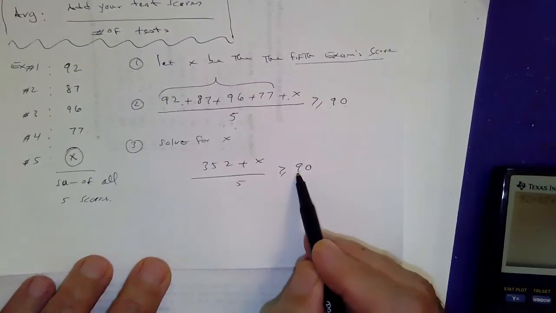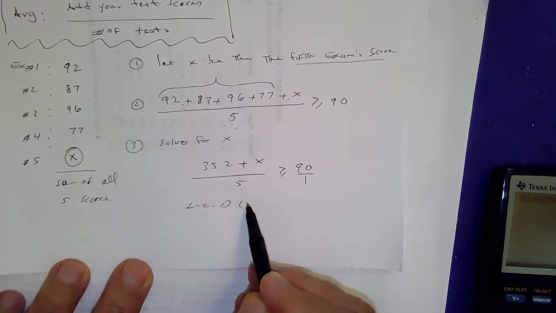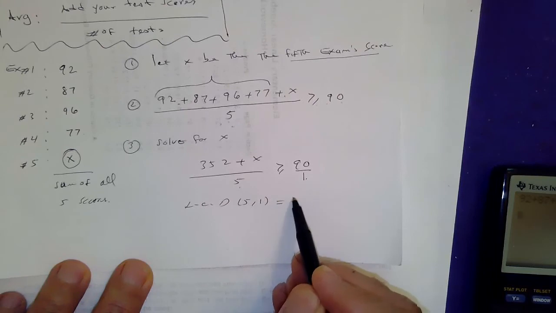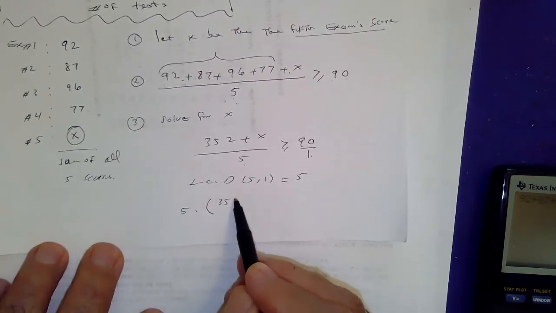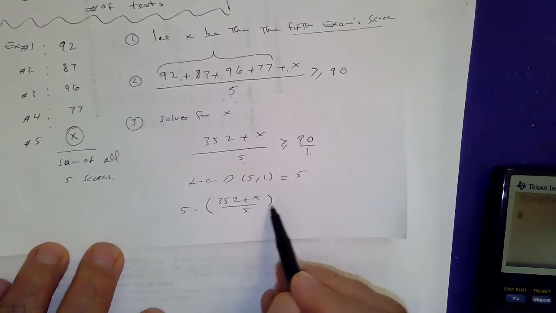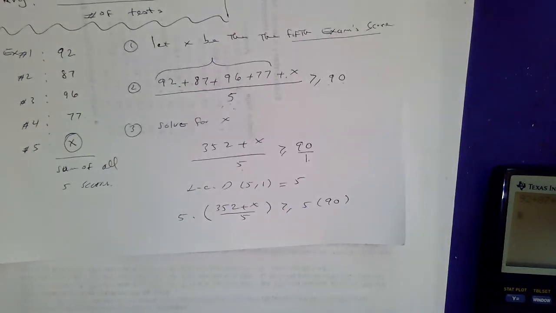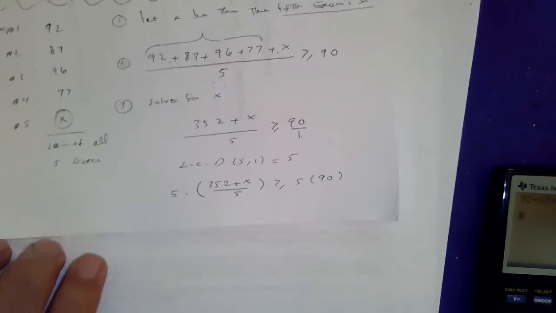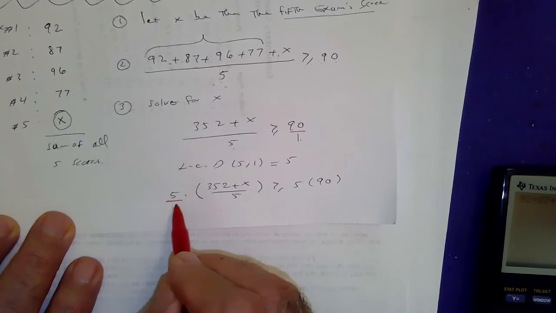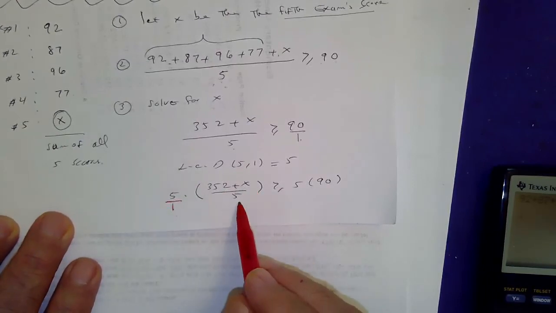Now you have a fraction, so get rid of the fraction. Find the LCD of 5 and 1, which is 5. So multiply both sides by 5. Why would I do that? To clean up the fraction on the left side. But whatever you do to the left, you have to do the same thing to the right. Now here I have two fractions, 5 over 1 and 352 plus x over 5.